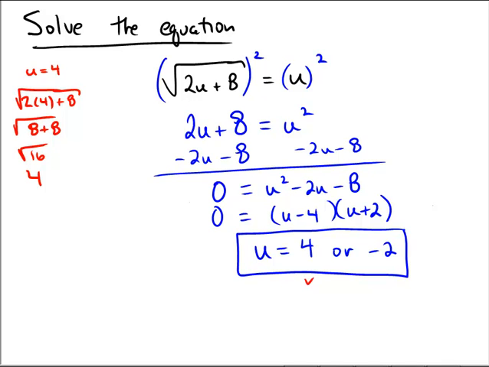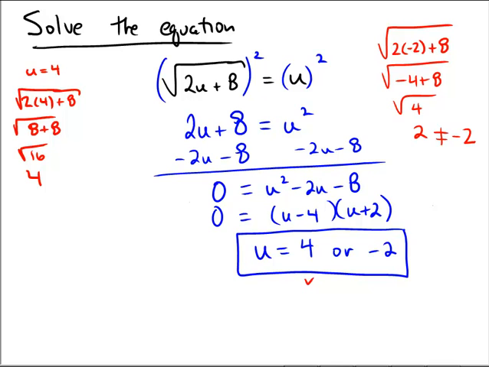On the other hand, the square root of 2 times negative 2 plus 8 would be the square root of negative 4 plus 8, which is the square root of 4, which is 2, but on the right-hand side it was u, and so that 2 is not equal to negative 2. So the negative 2 solution doesn't work, and our only solution to this problem is u equals 4.